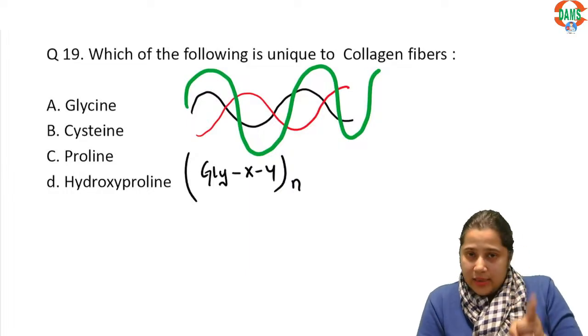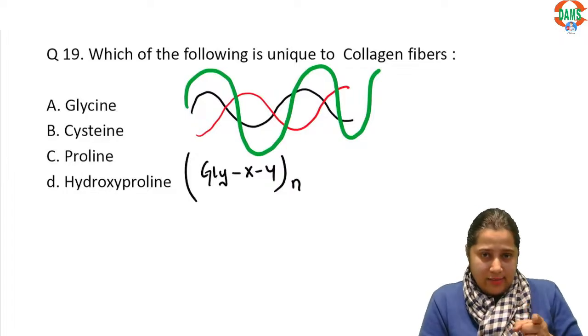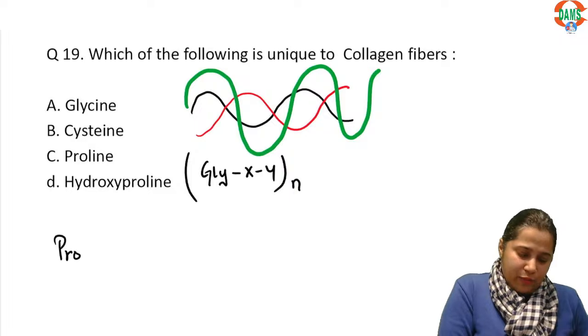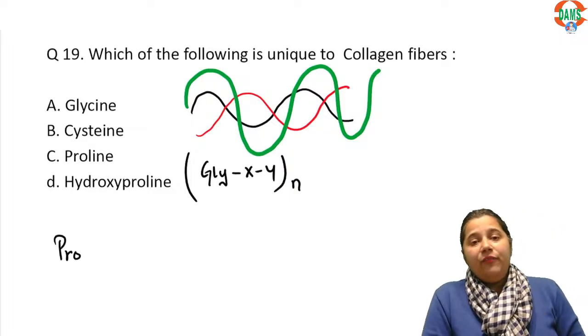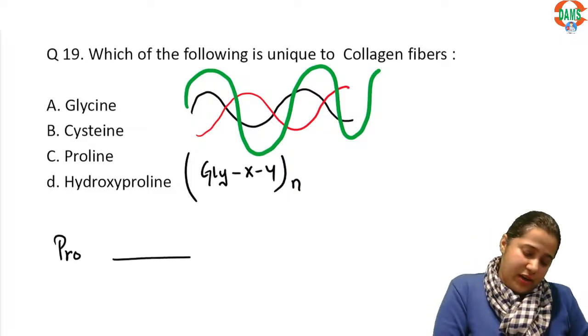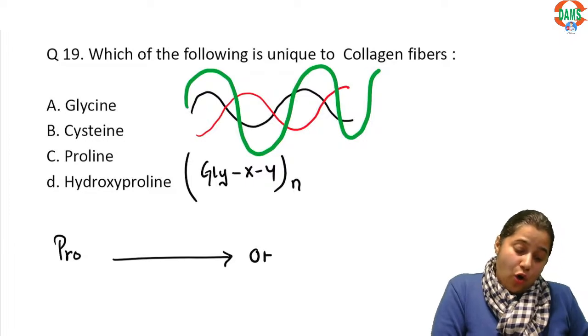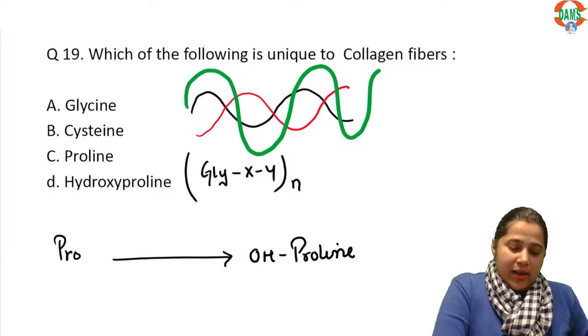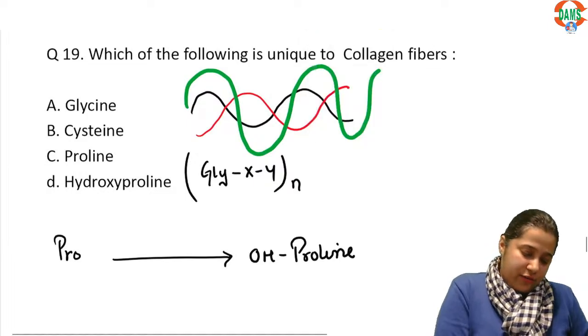In other words, 33% of collagen is glycine. But at several places, proline is present. And wherever proline is present, it is converted to hydroxyproline.